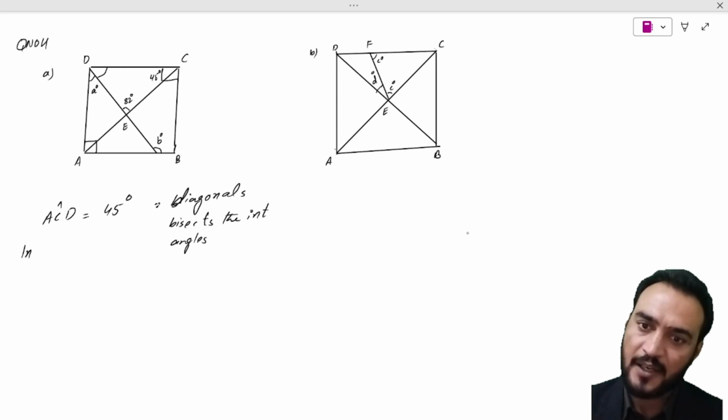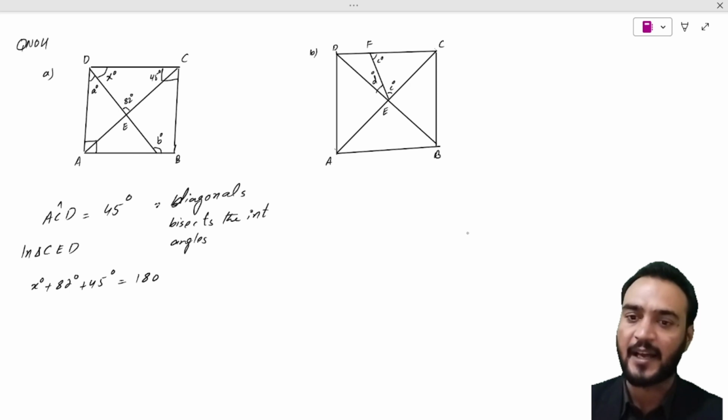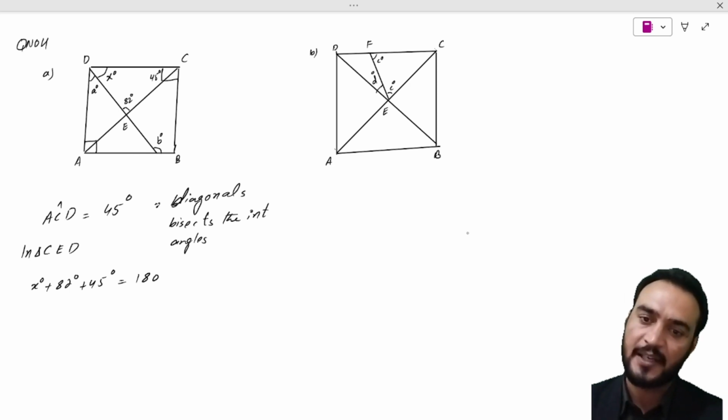Now in triangle CED, we have the three angles. Let the angle at point D be x degree. So we have the three angles, that is x degree plus 82 degree plus 45 degree is equal to 180 degree, as the sum of interior angles in a triangle is equal to 180 degree.